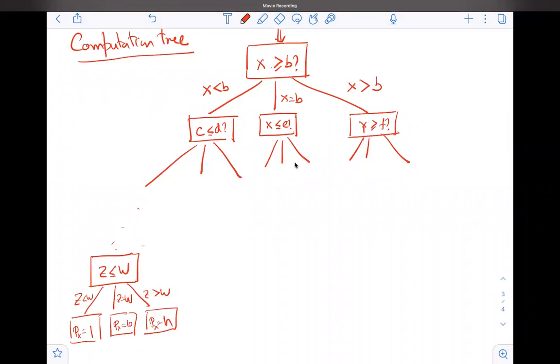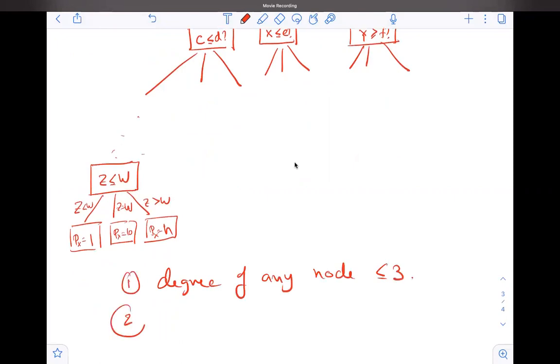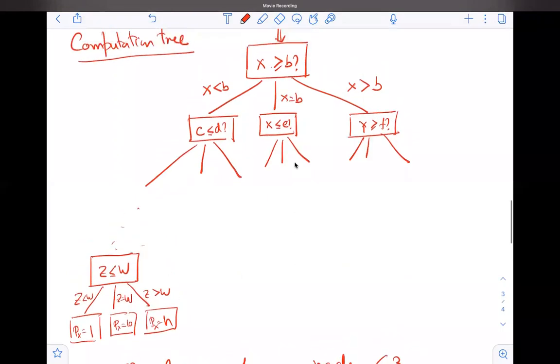Number 1, the degree of any node is less than or equal to 3. That's the first thing. What can you say about the number of leaves? So 4, less than or equal to 4. Why less than or equal to 4?